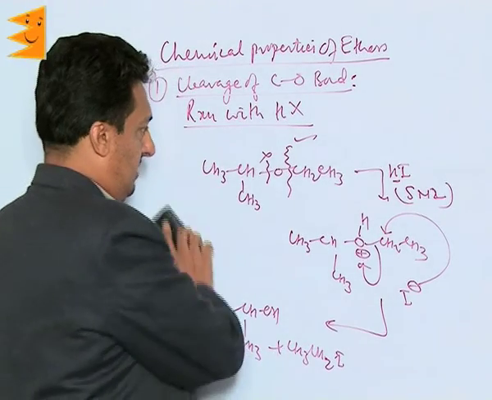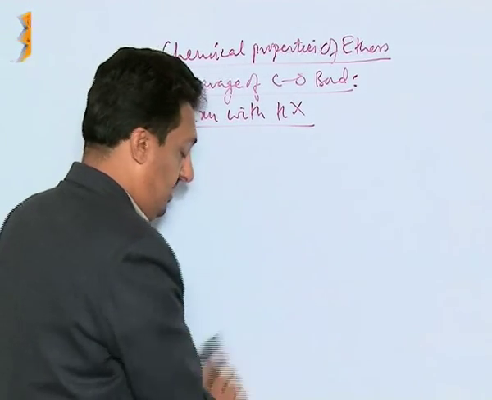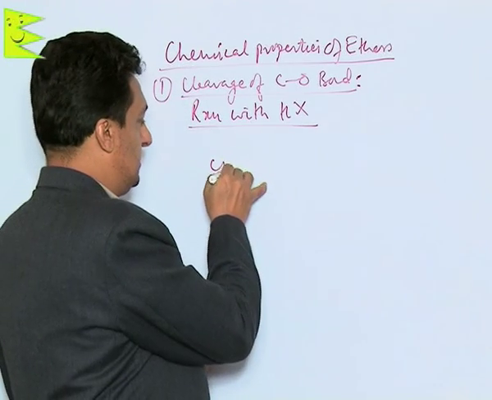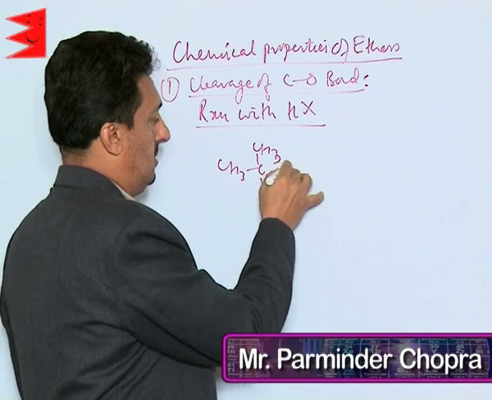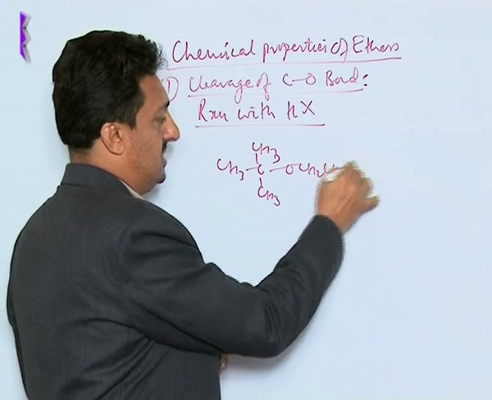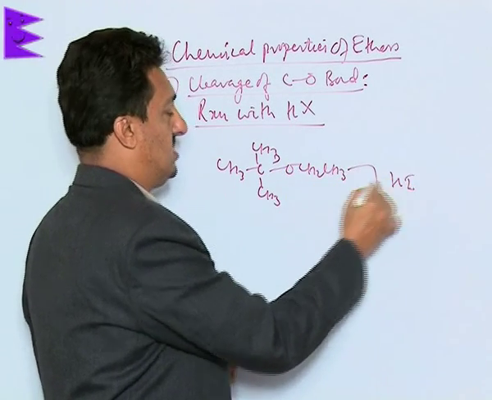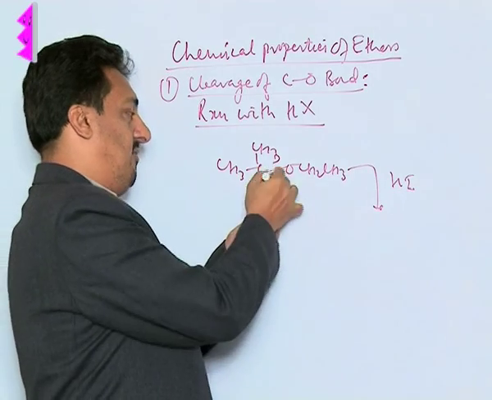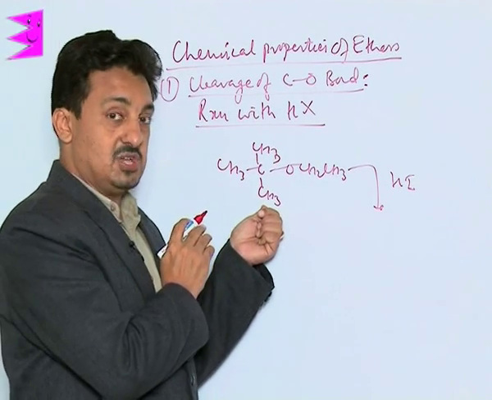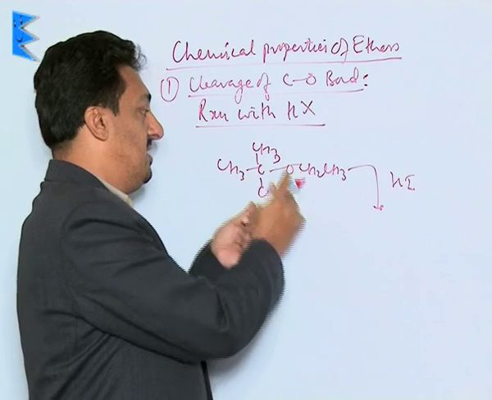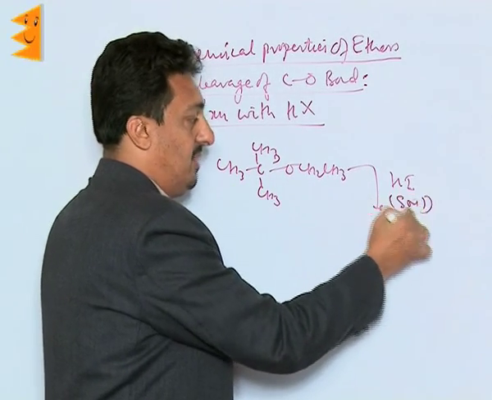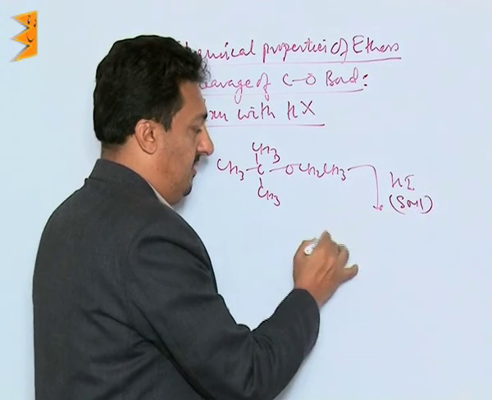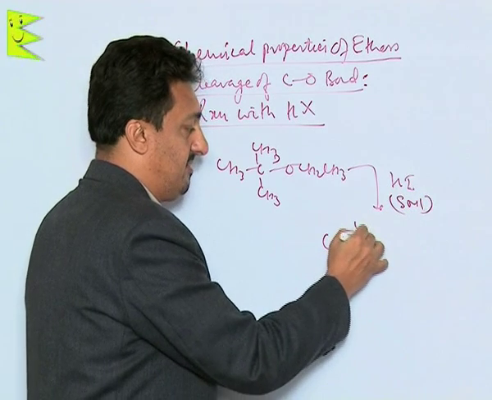But remember, in unsymmetrical ethers, if we have an ether like this on reaction with HI, since now one part is a tertiary chain, this will go out on its own, and the reaction goes by SN1, and therefore the product obtained is different.